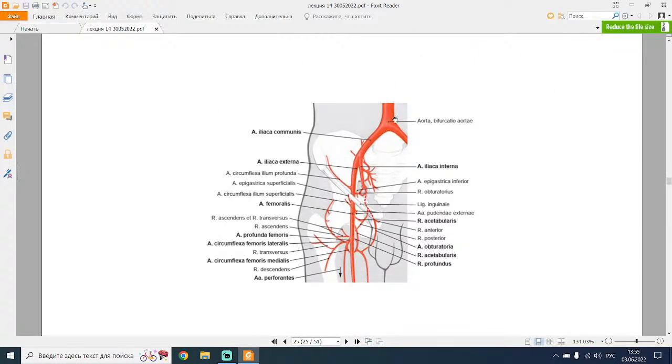Iliaca communis, arteria iliaca externa, arteria circumflexa ilium profunda. This is arteria epigastrica inferior. This is ligamentum inguinale.